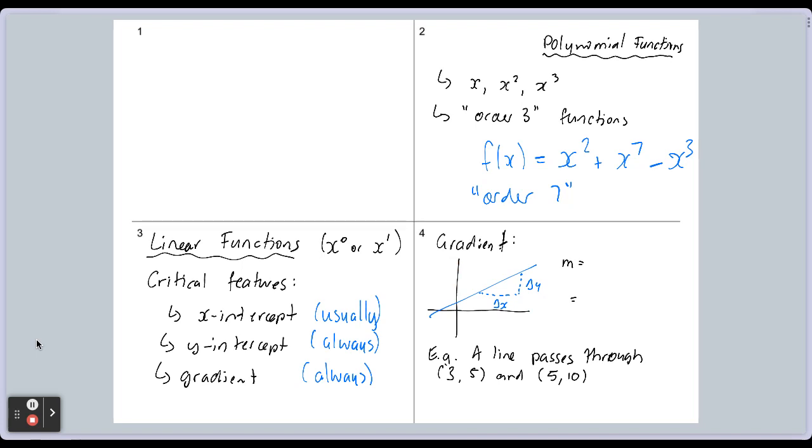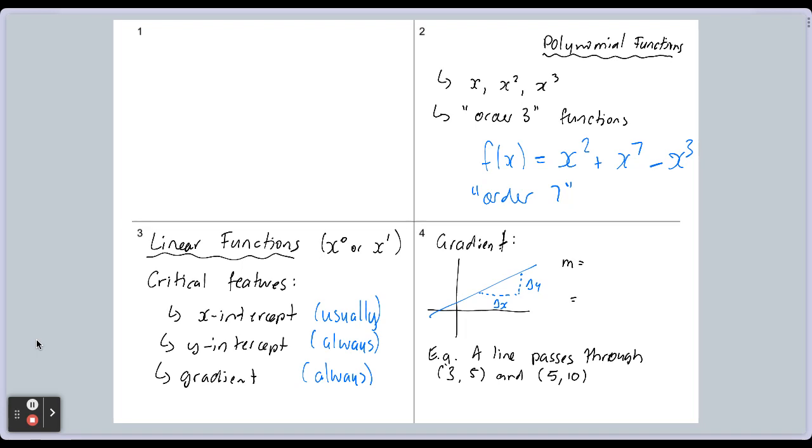Whichever way you look at it, you're going to have a negative divided by a positive, which gives you a negative number. So again, gradient: size equals steepness, sign equals which way it's going. Left to right up, or left to right down. Good with that? Not blowing anyone's minds yet, I hope, because this is familiar stuff.